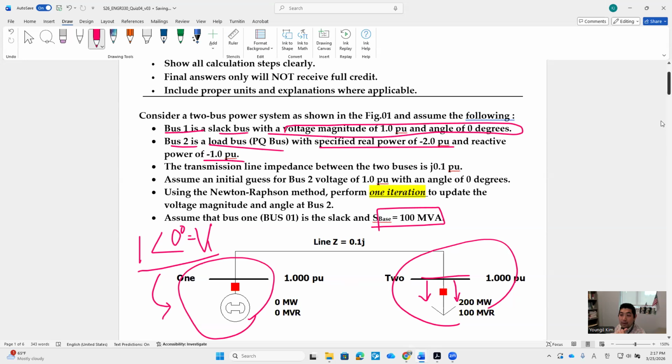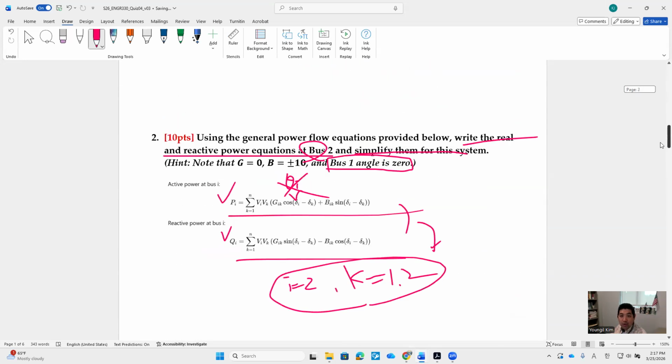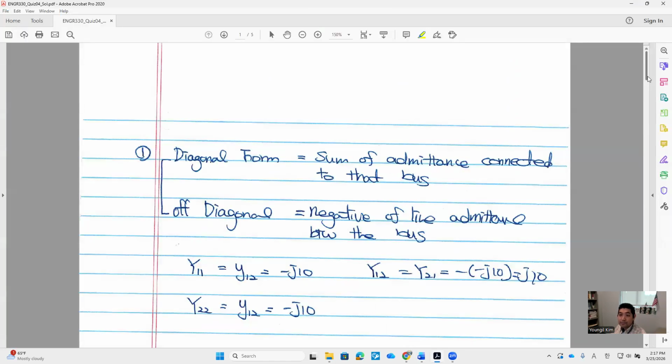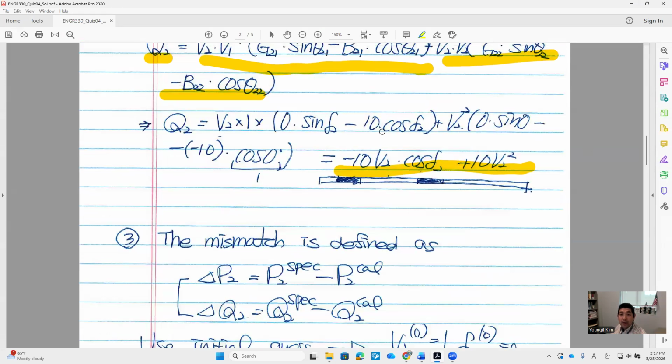So right now, we don't need to plug in the V sub 2 and delta sub 2. Okay, just give me a second. I'm going to go back to here. So the V sub 1 is 1 and the delta sub 1 is equal to 0.